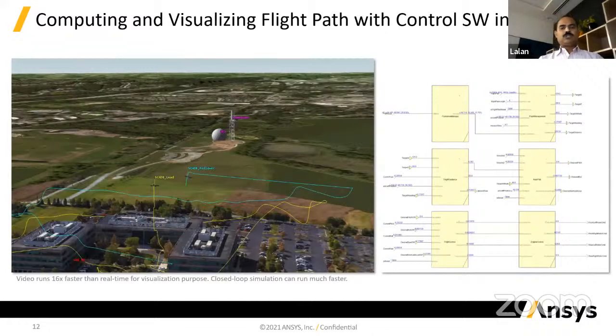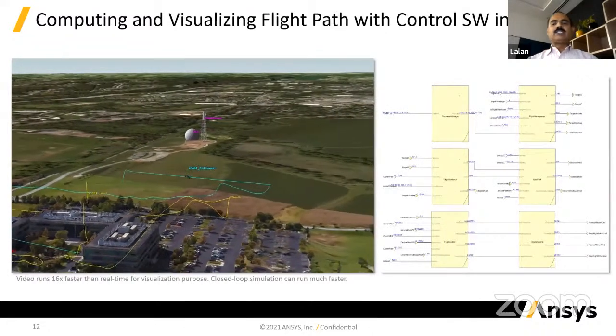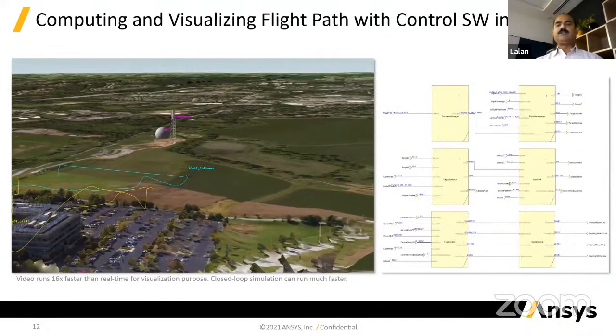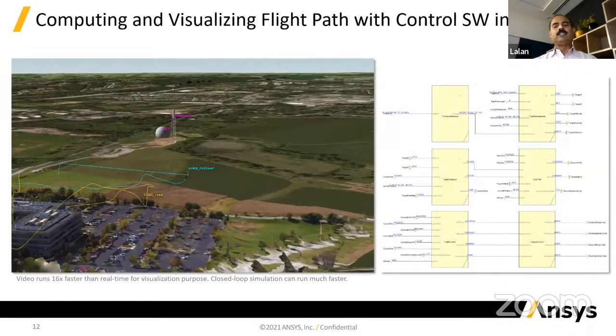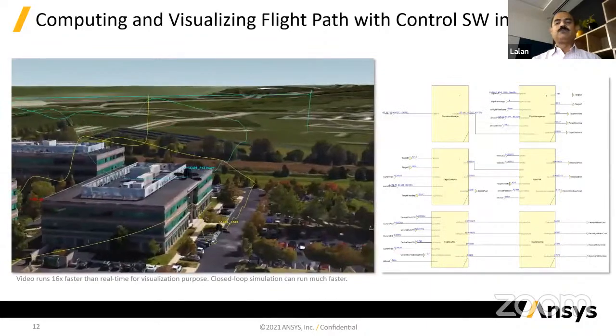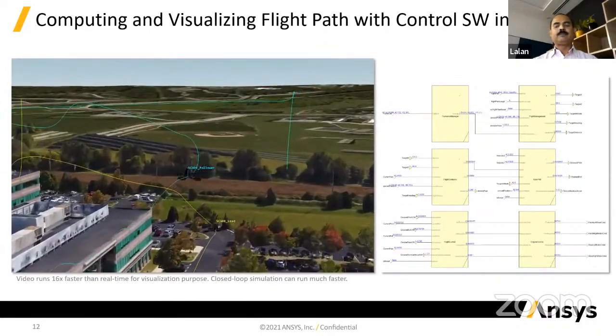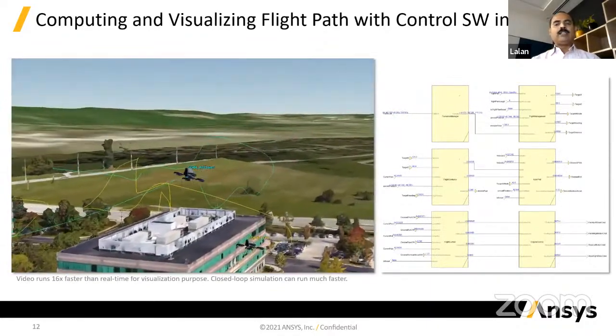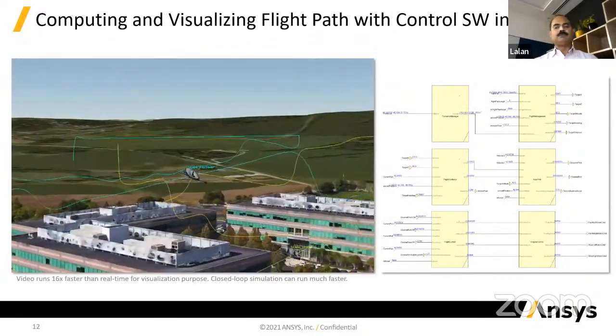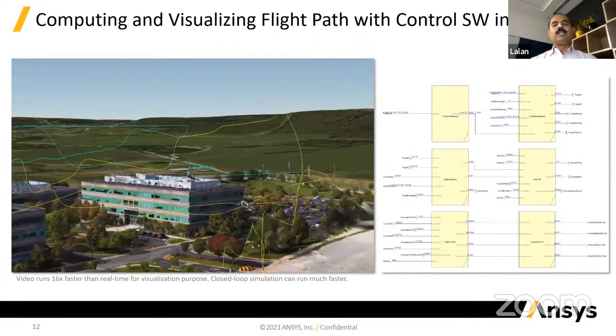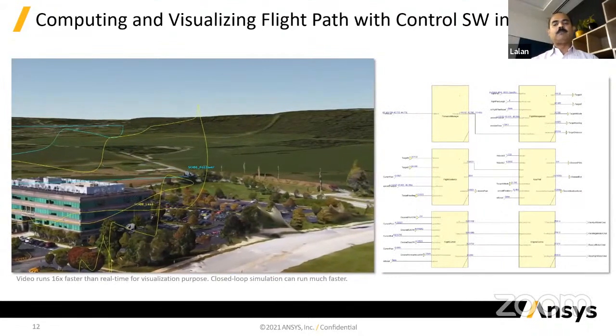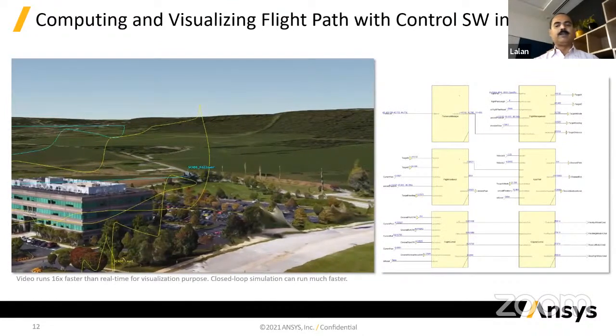Now, software control codes for various systems generated from the ANSYS SCADE tool are used here for mission flight path generation, and then further software in the loop is performed for virtual verification. The blue line denotes the flight path for the follower vehicle, whereas the yellow line denotes the flight path generated by the lead vehicle.